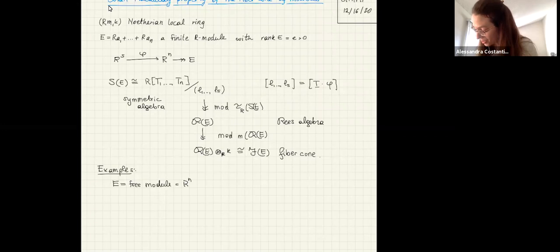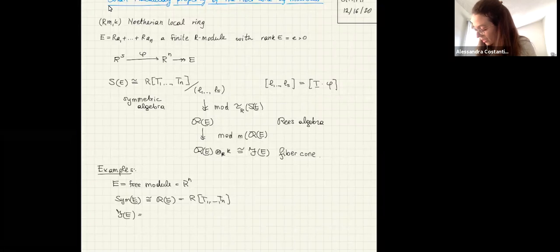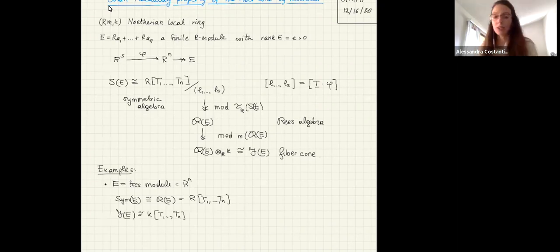Then at that point, the symmetric algebra of E is the same as the Rees algebra of E, and is just the polynomial ring. So super easy case. And then the fiber cone would be the same polynomial ring, but now with coefficients in the field. Okay, so that's the easiest example you can think of.